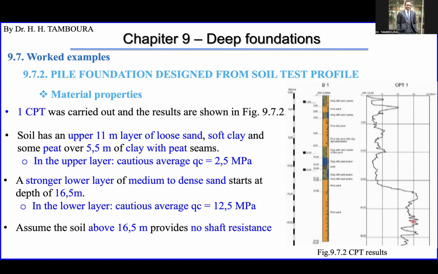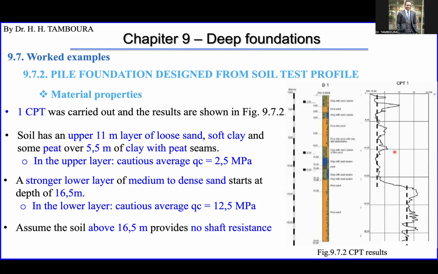So remember, we have to average it, 2.5 and 12.5. I will draw it, you will see. Here, I think this one is better. So you can see 5, 10, and 15. This is the first averaging we did, the cautious average.